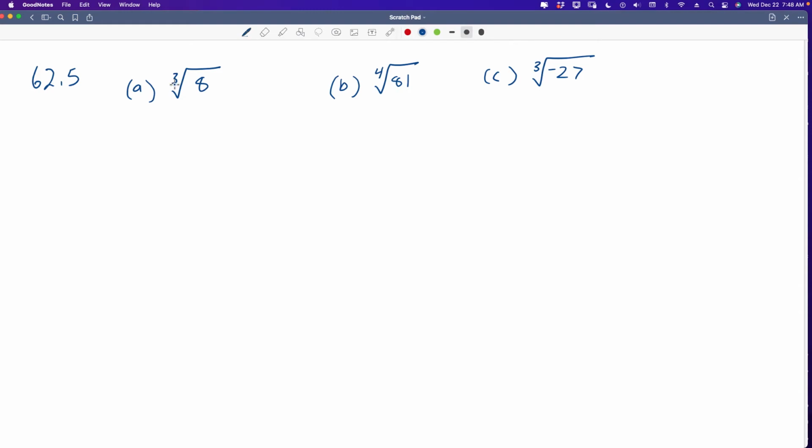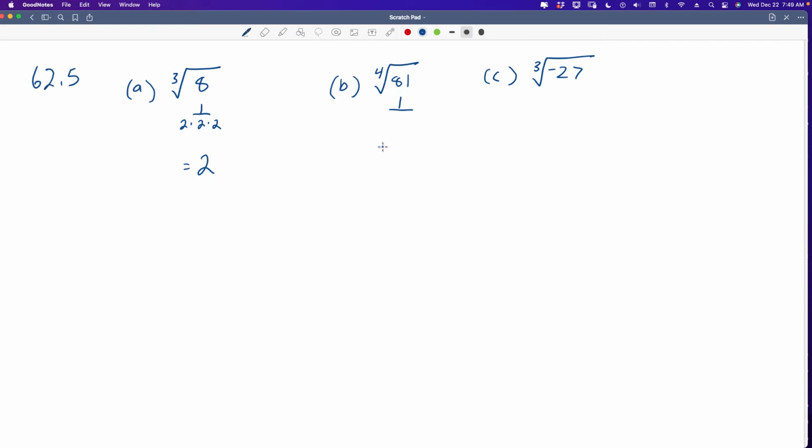So first of all, we have the cube root of 8. All right, we've already done that, but let's go ahead and do it again. We know 2 times 2 times 2 gives us 8, right? That's 1, 2, 3 identical factors. So the 3 identical factors that give us 8 is 2. So that's the answer. All right, what about here? Let's do a factor tree. We know that 81 is a perfect square.